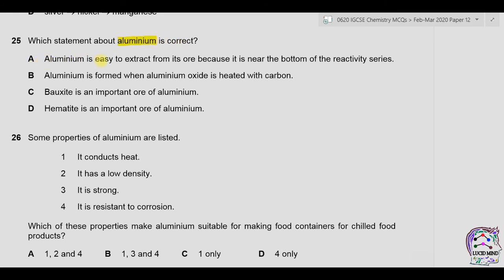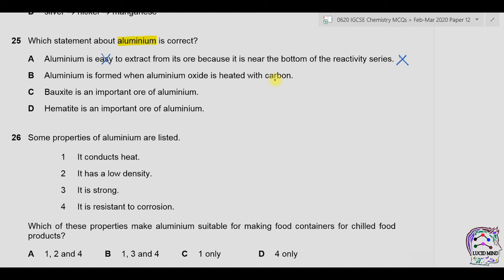A. Aluminium is easy to extract from its ore because it is near the bottom of the reactivity series. Now this is incorrect because aluminium is hard to extract and therefore electrolysis is used. And also it is not at the bottom of the reactivity series, it is in the middle of the reactivity series. B. Aluminium is formed when aluminium oxide is heated with carbon.